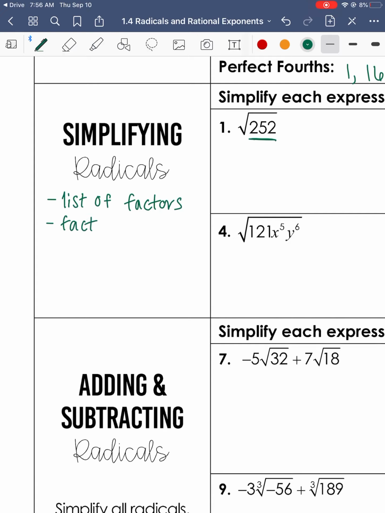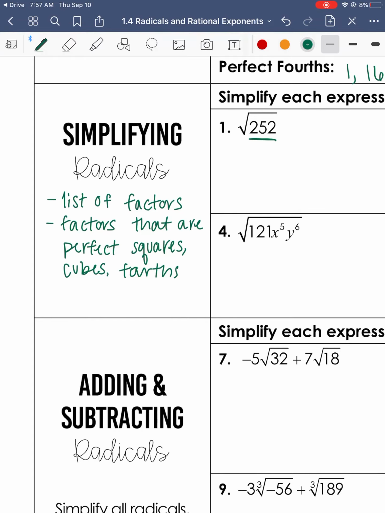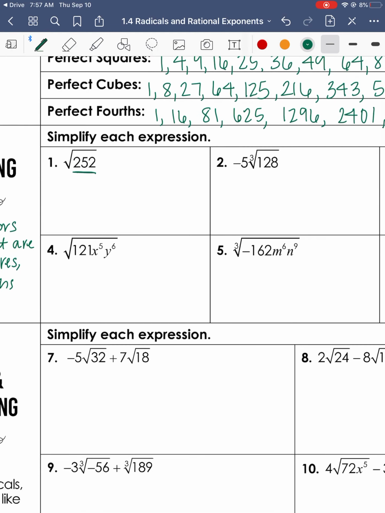And we're looking for factors that are either perfect squares, perfect cubes, or perfect fourths, depending on what type of radical it is. Okay, because those numbers can be pulled out of the radical to simplify it. Okay, and I'll show you what I mean by that.